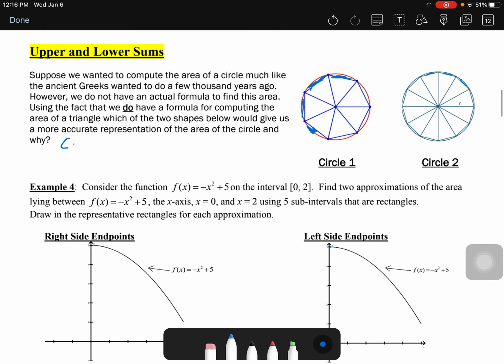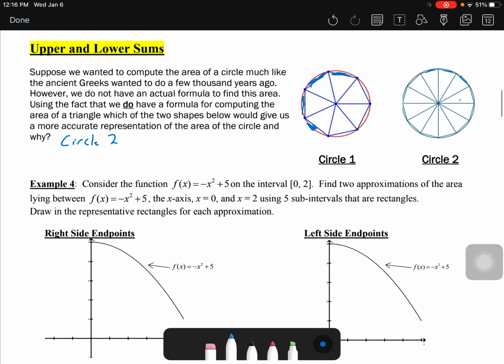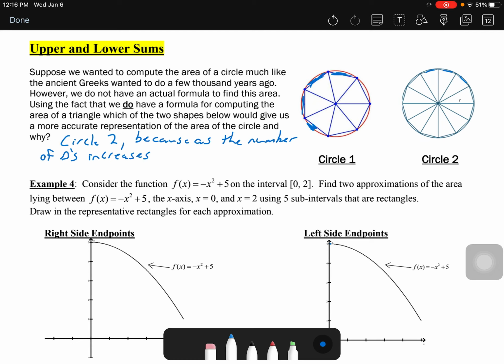We would say circle 2 is a better approximation, because as the number of triangles increases, then I can say that the area of the inscribed polygon becomes closer to the area of the circle.